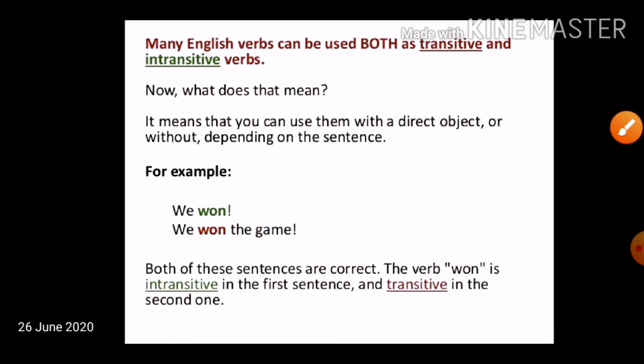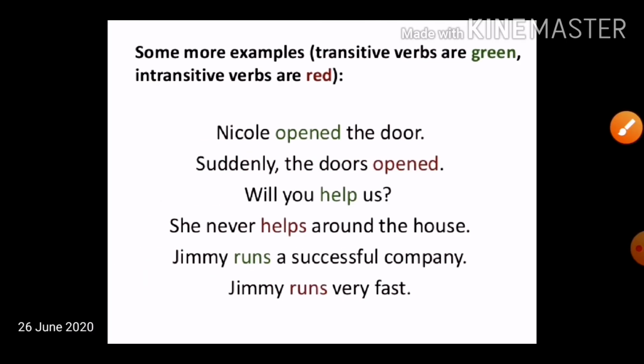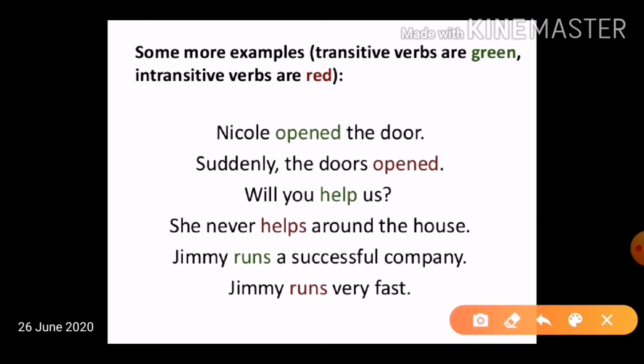Let's move further. Some more examples. Transitive verbs are green and intransitive verbs are red. So I will write for you here. These green ones are transitive verbs and red ones are intransitive verbs. Nicole opened the door. It's transitive.